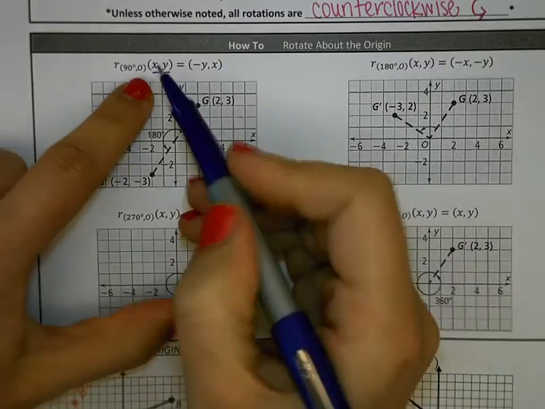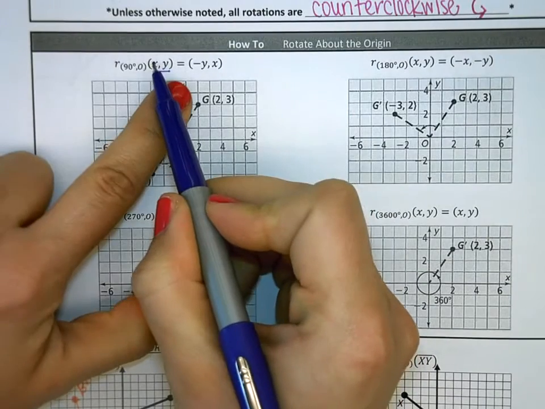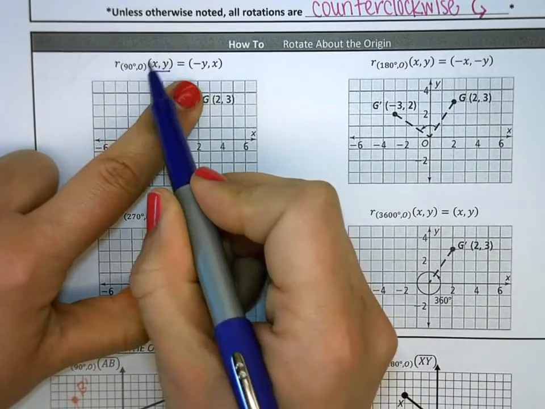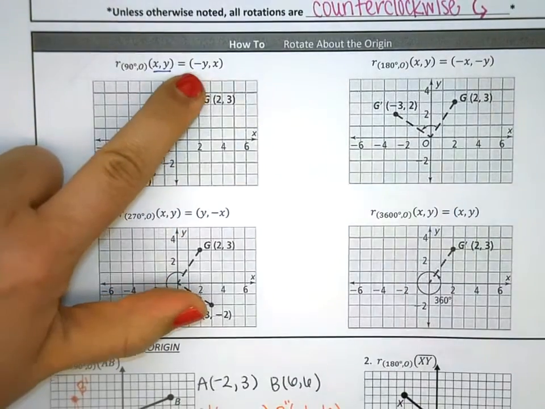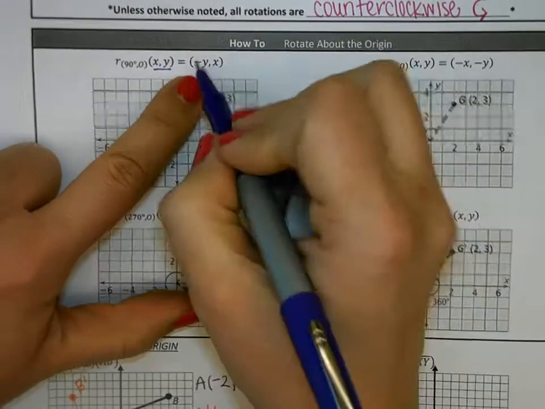When we rotated 90 degrees, we flip-flopped where x and y were, right? So y is in the new x place, and y became negative. Now, if it was already negative, what happened to it? It became positive. So this actually means the opposite.